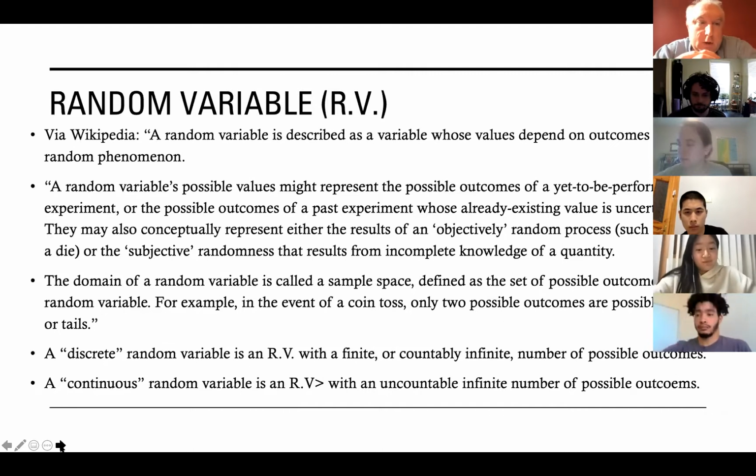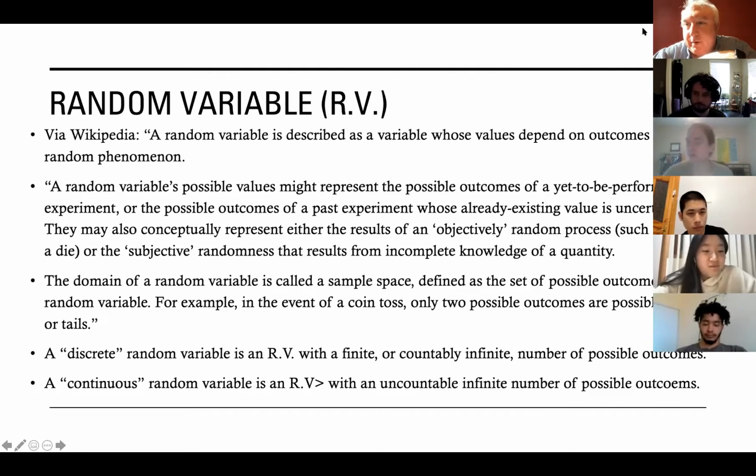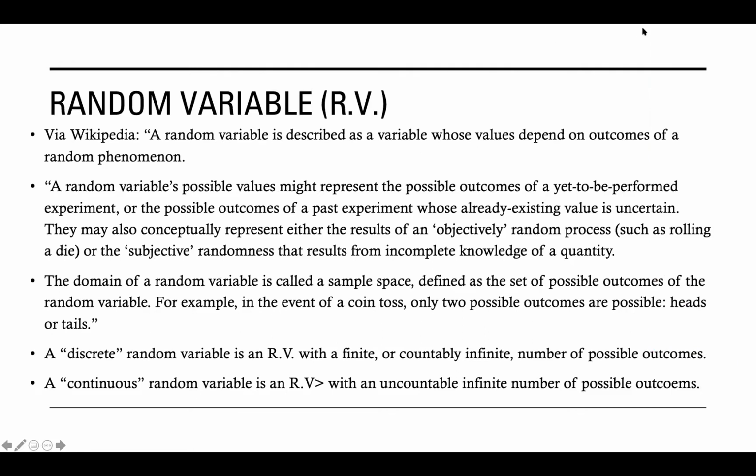So, random variables. What is a random variable? Here's what Wikipedia says. This was not a bad definition. A random variable is described as a variable whose value depends on the outcome of a random phenomenon.